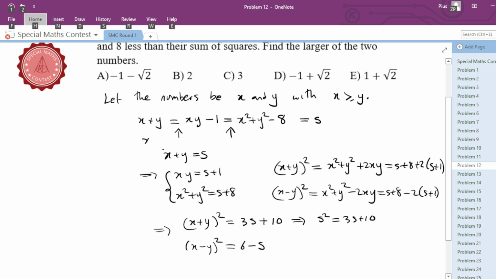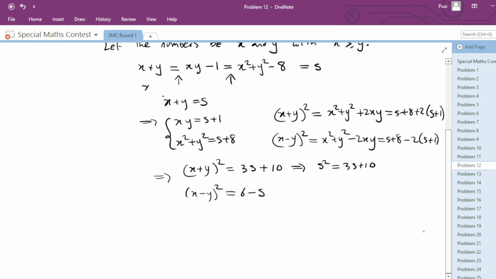Okay, so we're going to first solve this. We're expecting two values of s. This can actually be factorized if we pull them together, so let's take everything to one side. Sorry, that should be minus 10 equals 0. So this is s squared minus 5s plus 2s minus 10.